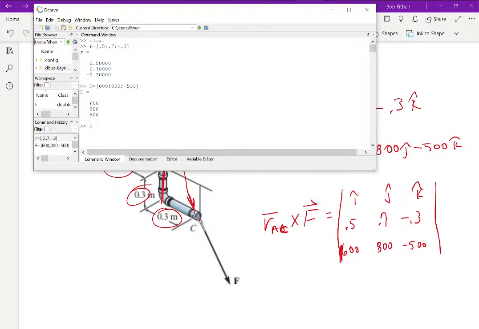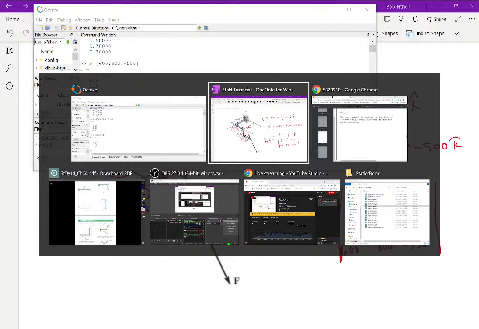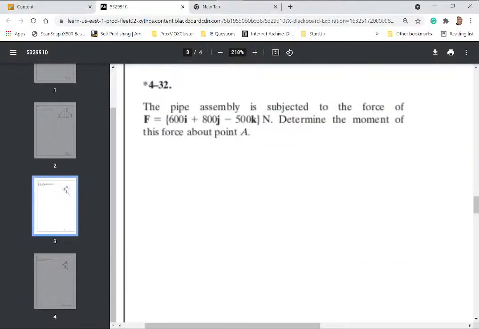Guess what they have in MATLAB? A cross product of R, F. Now, is that the right answer? I don't know, but this is associated with the I, or the X. This is associated with the Y, or the J, and that's associated with the Z. Let me go back to this thing.